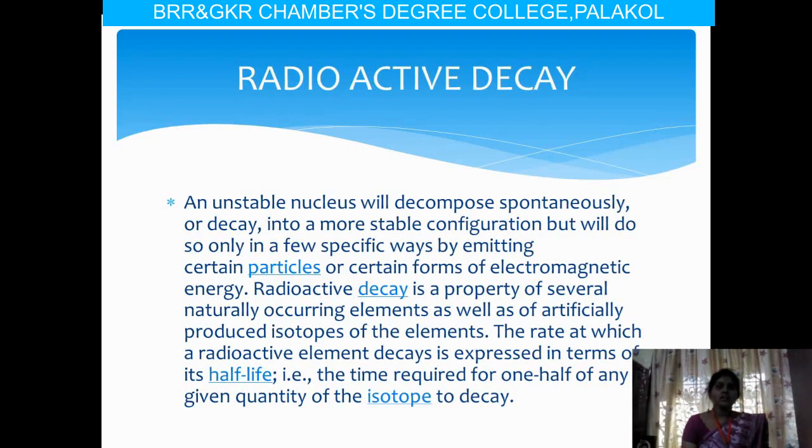Here the rate at which radioactive elements decay is expressed in terms of half-life. So what does half-life mean? The time required for the decomposition or decay of one half of any given quantity of isotopes is called half-life. Based upon the half-life, we can see the decay nature of the radioisotopes.